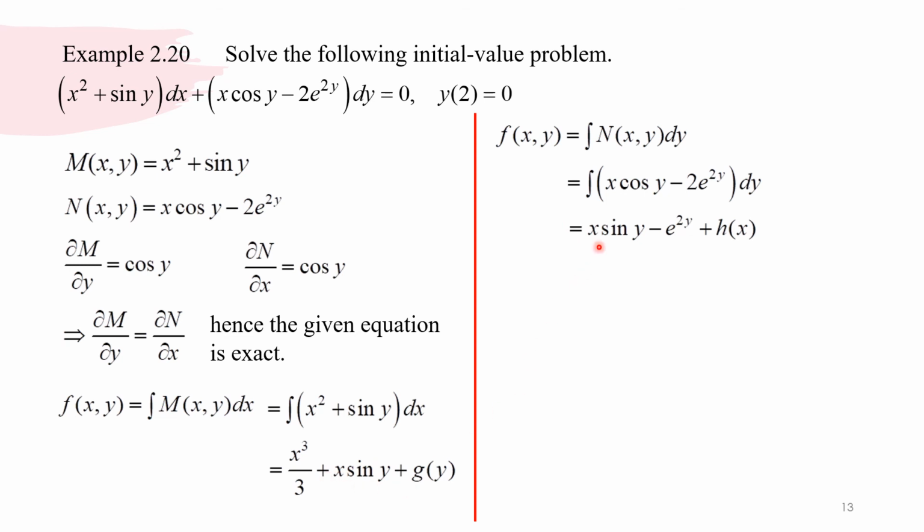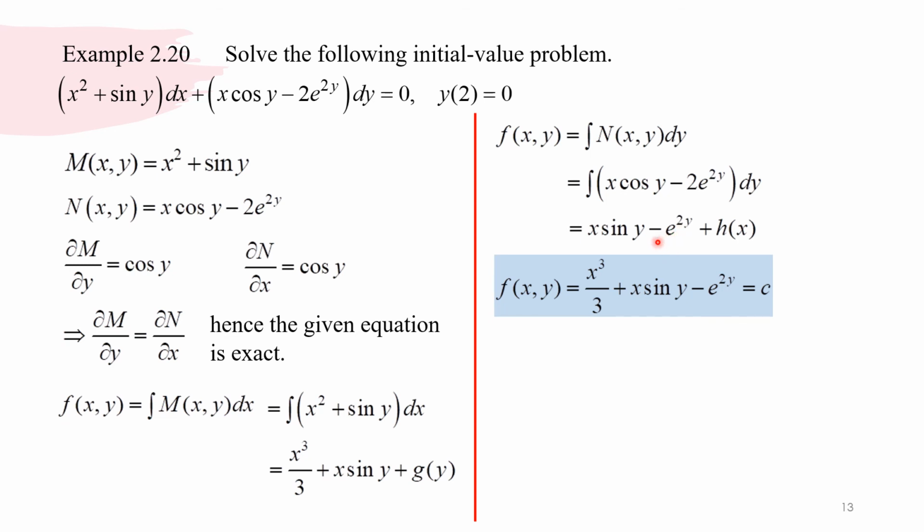Now we're going to merge these two results together to get the solution for the differential equation. Both have the term x sin y. The first function f contains the unknown function h in terms of x alone, which is actually the term x cubed over 3, and the second function f contains the function in terms of y alone, which is the part negative e to the power of 2y.